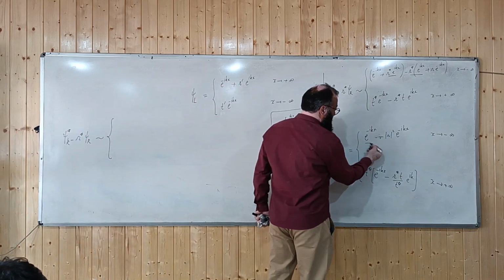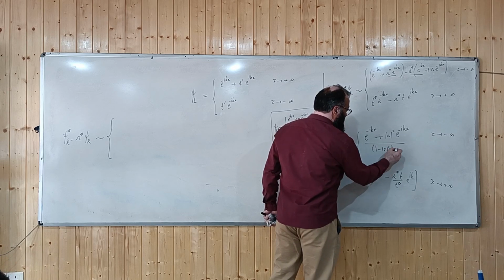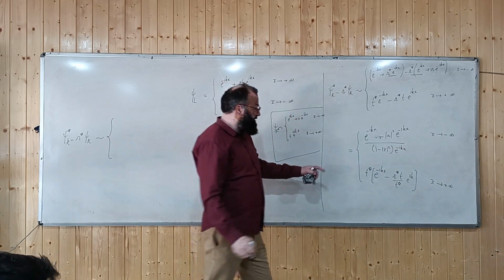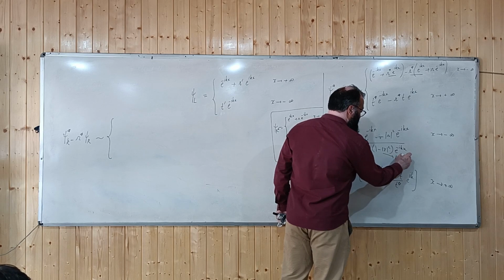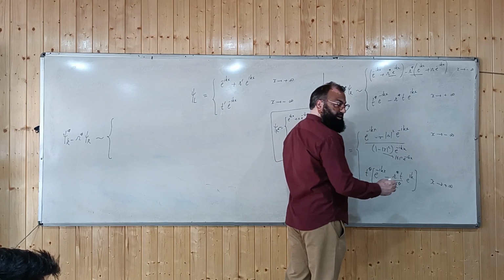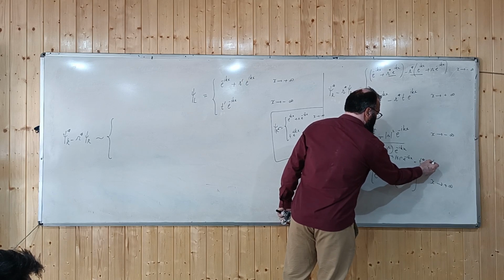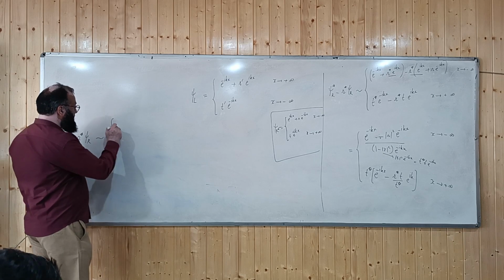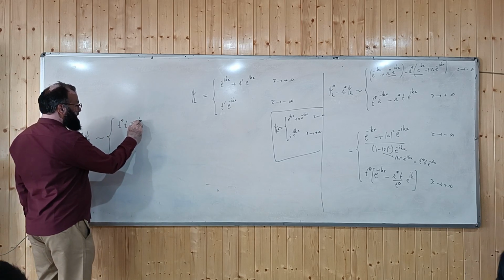So 1 minus magnitude of R square into e raised power minus i kx. So this I can write as magnitude of t square e raised power minus i kx. In other words, this is simply t star t e raised power minus i kx.